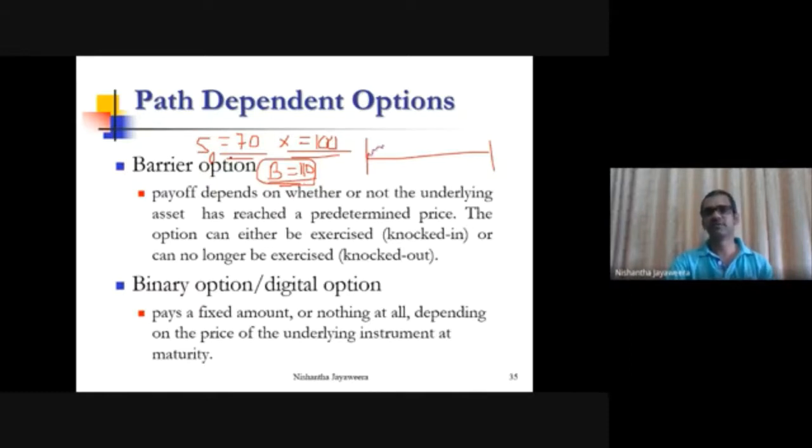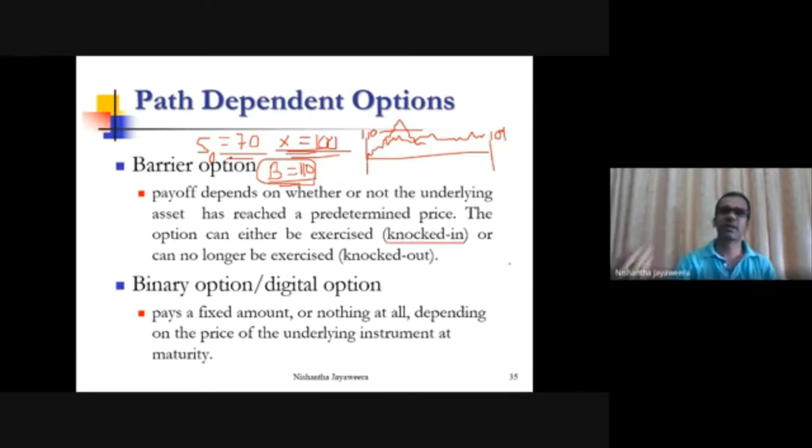Price goes up from 70 to 110, comes down. This is the 110 level. Then only the option becomes effective. If it never reaches 110, it may be 109 on the expiry date, but never traded above 110, you cannot make any claim, even though strike is at 100, because this knock-in event has not happened.